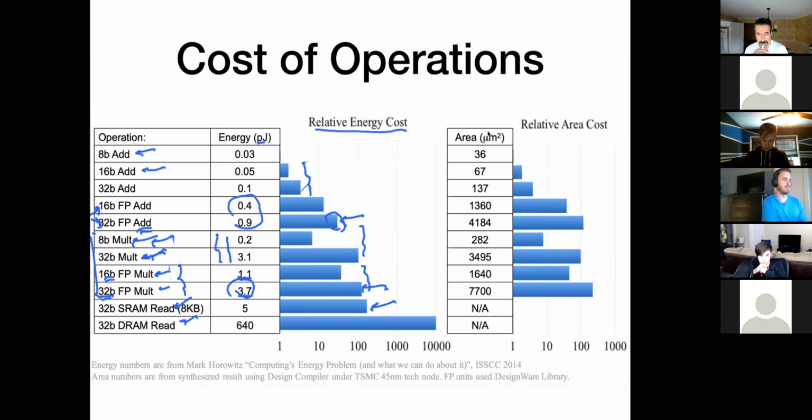You need to store them in memory. So these are the most expensive operations.